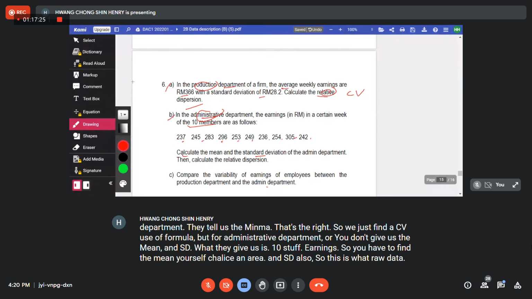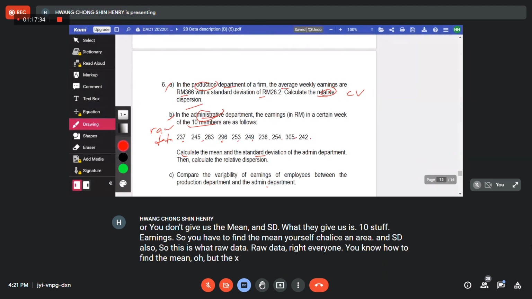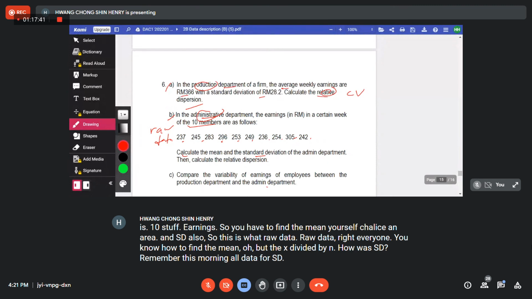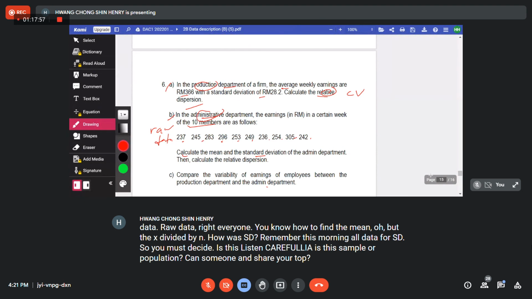Raw data, right, everyone? For raw data, you know how to find the mean: total X divided by n. How about the standard deviation? Remember this one, raw data for standard deviation. So you must decide, listen carefully, is this sample or population? Can someone share your thought? Sample or population?